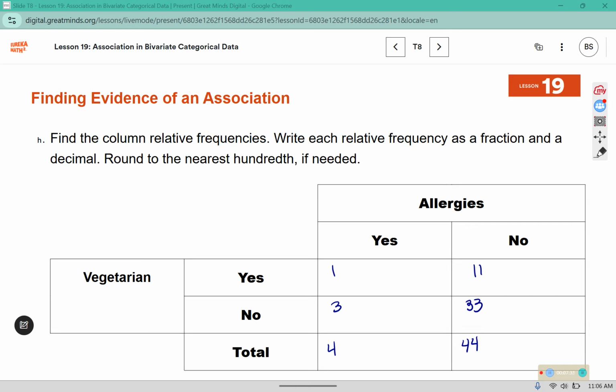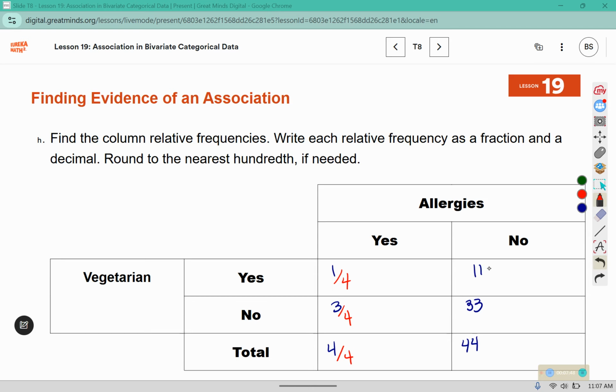H says, find the column relative frequencies. Write each relative frequency as a fraction and a decimal. Round to the nearest hundredth if needed. This time we are dividing by column totals, which in this one is 4.